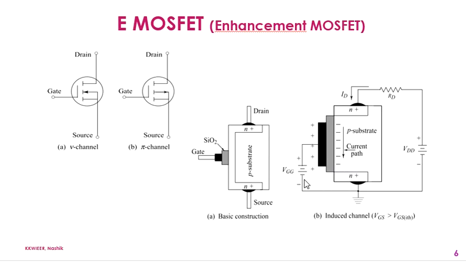So an increase in VGS will increase the amount of current ID. This device is controlled by gate to source voltage, that is VGS or VGG. Thus this semiconductor device is known as a voltage controlled semiconductor device. So more or less both operations of E MOSFET and D MOSFET are similar, but the difference is this physical channel or physical layer.